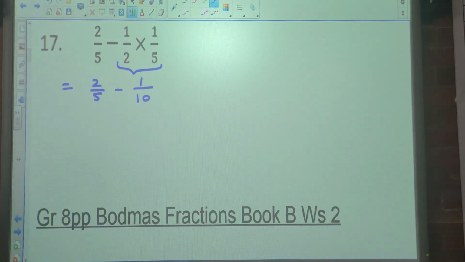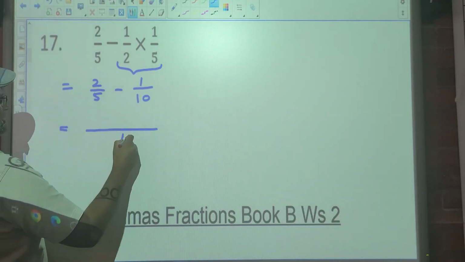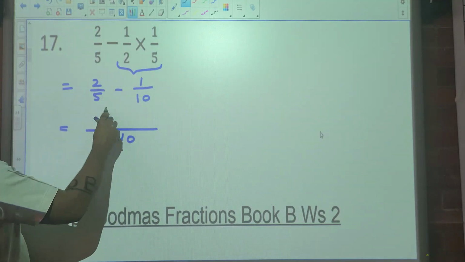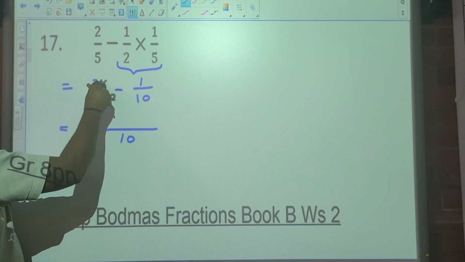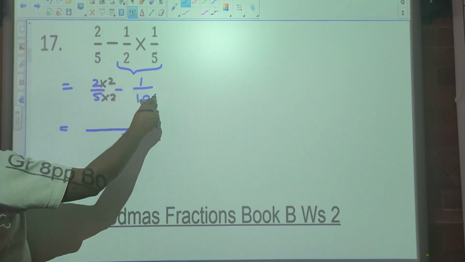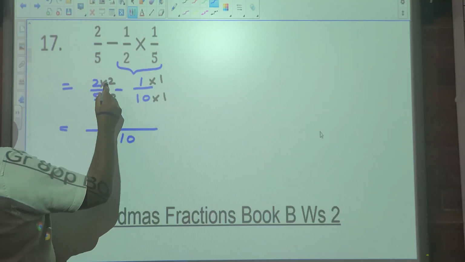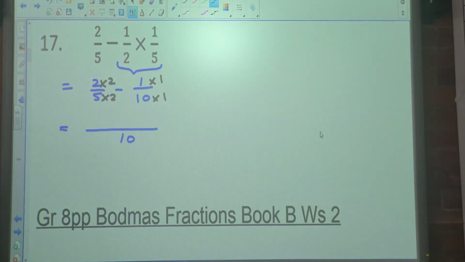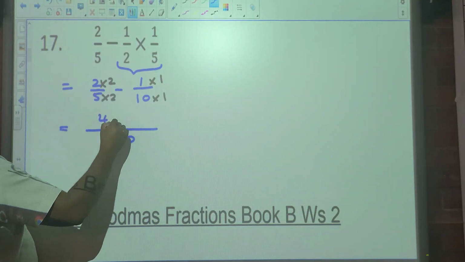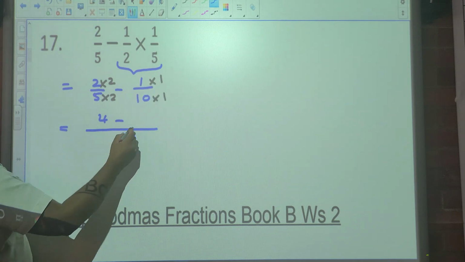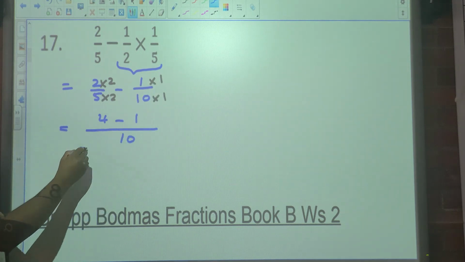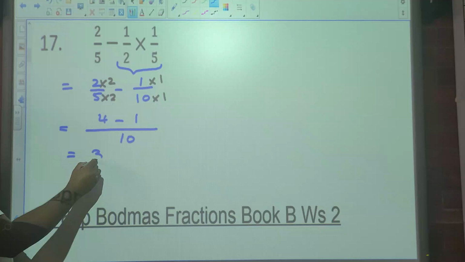So what is your LCM here? 10. So 5 multiplied by what is 10? 2. 10 multiplied by what is 10? So what is 2 multiplied by 2? 4. Minus 1 multiplied by 1 is? 1. What's 4 minus 1? 0.